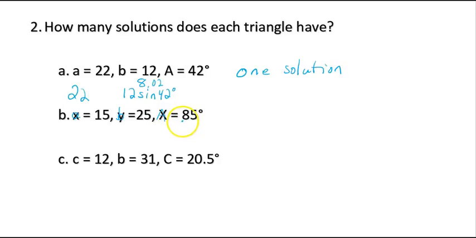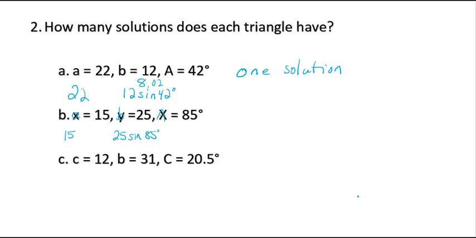Alright, 85. Our angle is, again, less than 90, so we're following the bottom path. And the first thing we're going to do is compare A with B sine A. Our A is 15, and B sine A would be 25 sine 85.